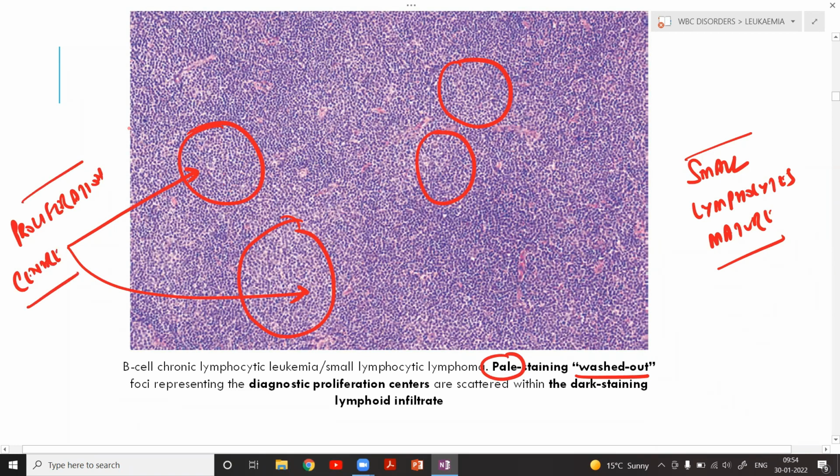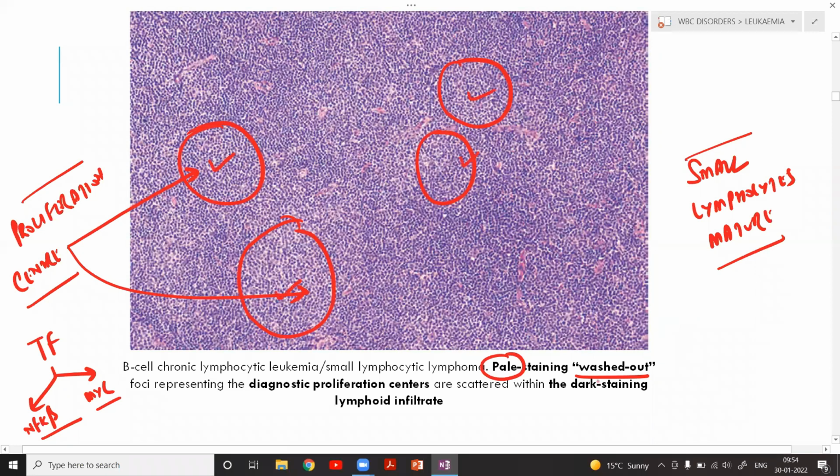Now, can anyone tell me, we had discussed two transcription factors which are driving the proliferation. What are those? One is NF-kappa beta, another one is MYC. These are the two transcription factors which are driving the proliferation. So this proliferation center that you appreciate in the low power view is the most important finding in the case of SLL or CLL.